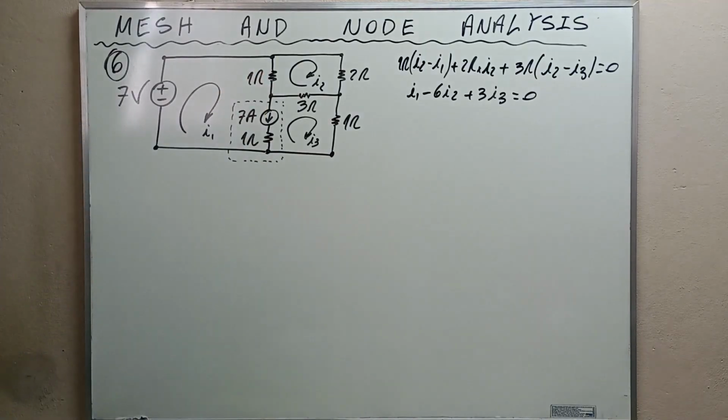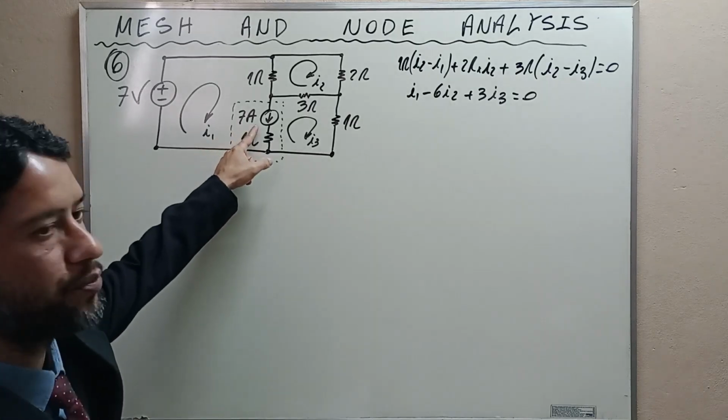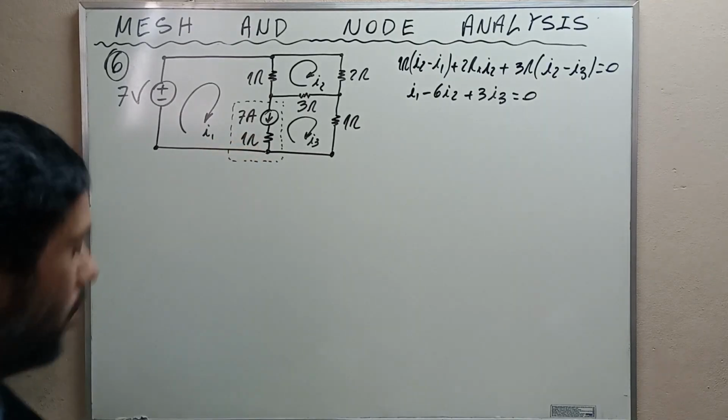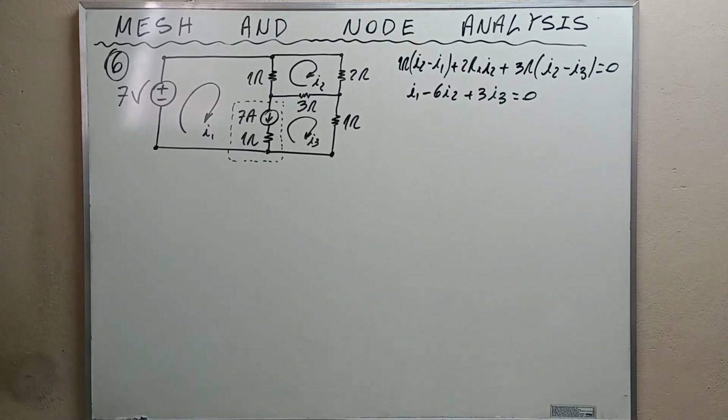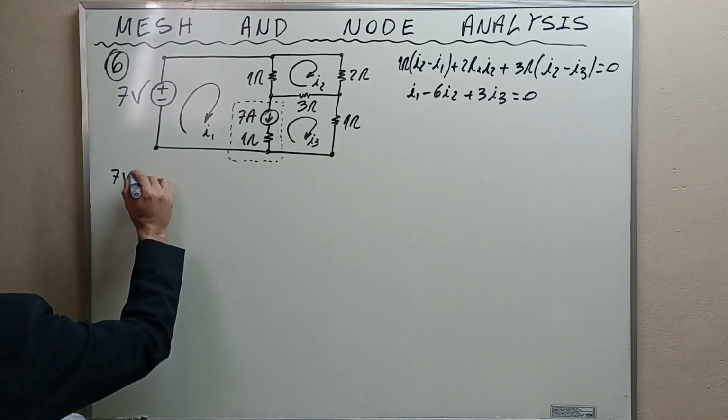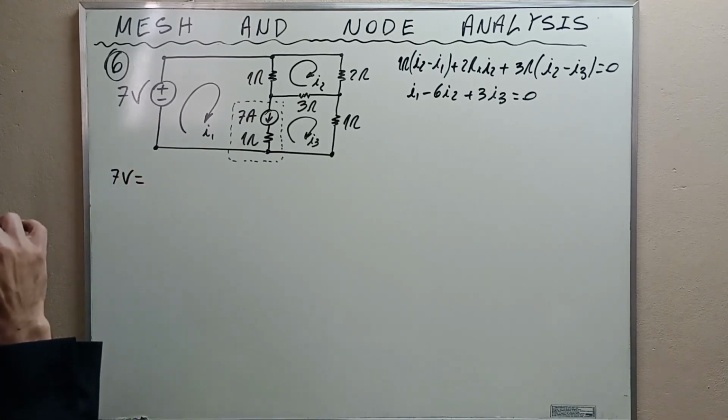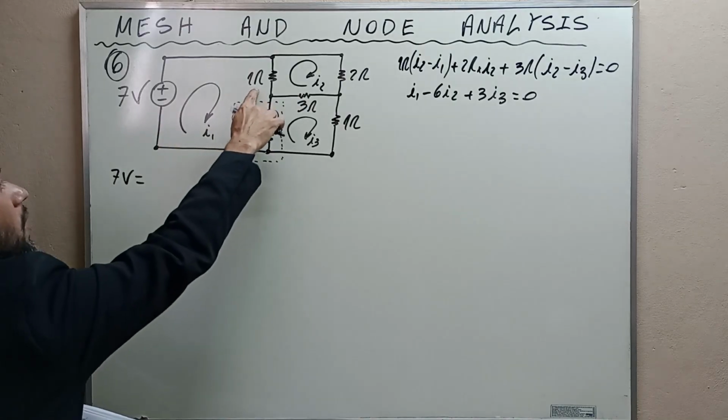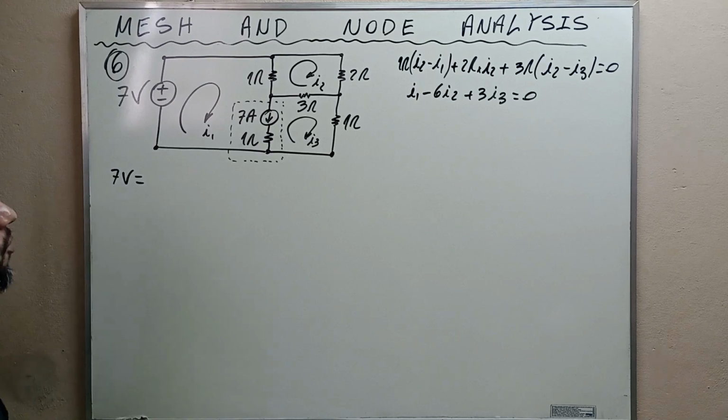Now let's consider the combined mesh equations for mesh 1 and 3, neglecting the super mesh composed of the 7 amps current source and this 1 ohm resistor. Okay, if we inspect, let's begin with this voltage source. 7 volts is equal to, let's see this resistor here.